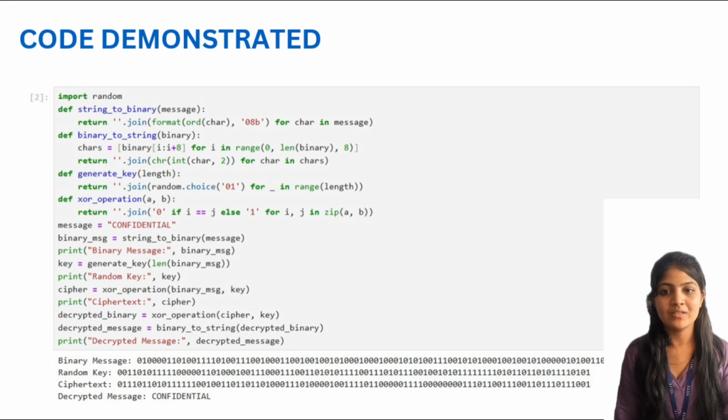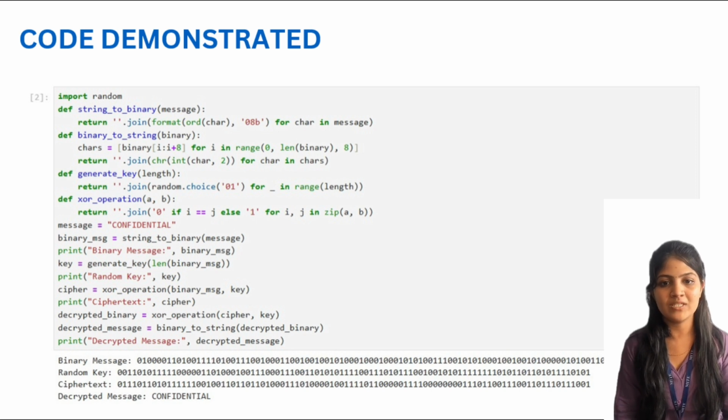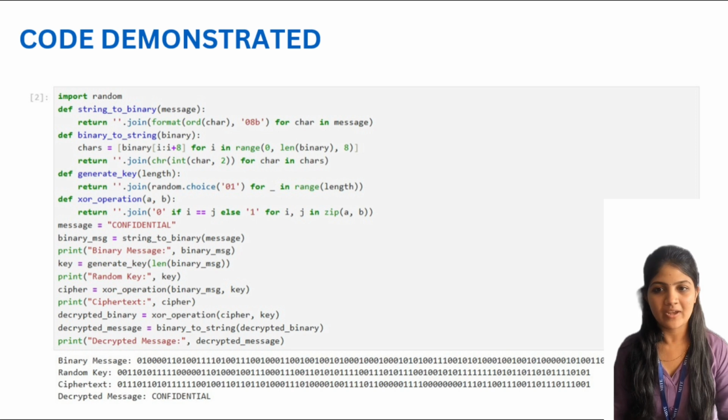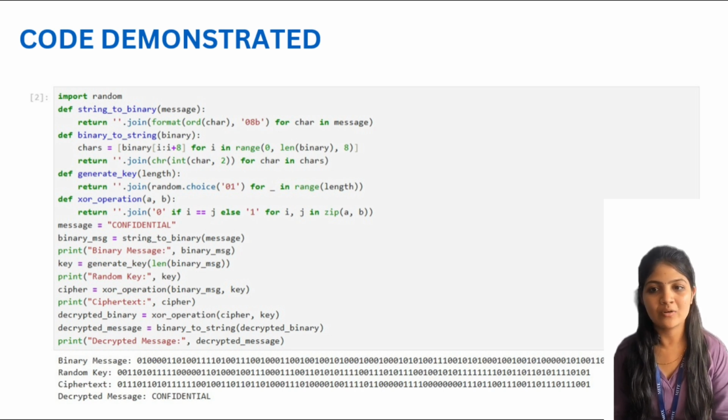For decryption, the ciphertext is again XORed with the same key, which recovers the original binary message. Finally, the binary data is converted back into text, displaying the original message confidential. This shows how the OTP provides secure encryption and decryption using a single random key.